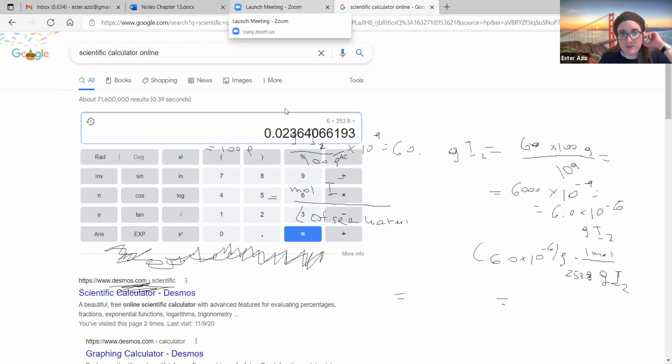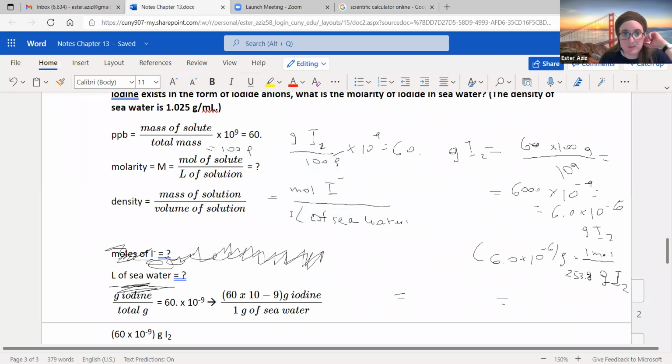Which is 2.36 times 10 to the negative 8 moles. Okay, and that's moles of I2. Okay, so now we're getting closer.